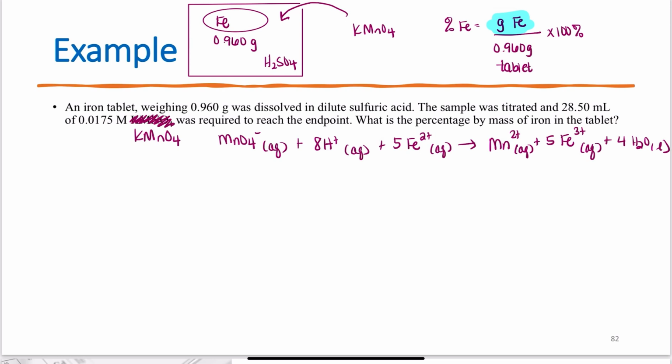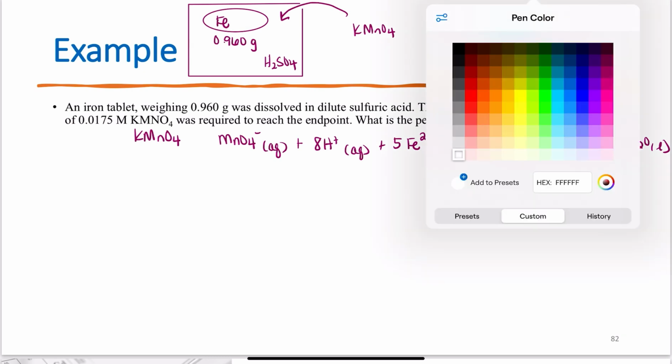Students get very weirded out when they read this, and they're like, this doesn't make any sense to me. Let me clean this up to get space here.